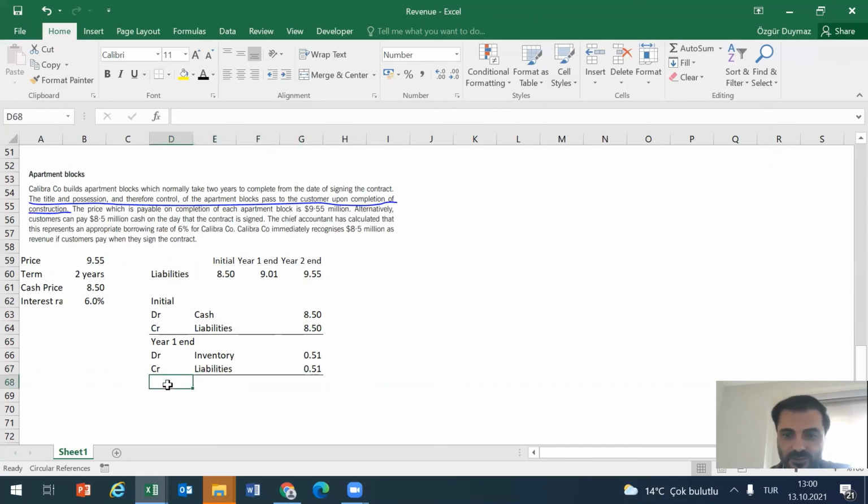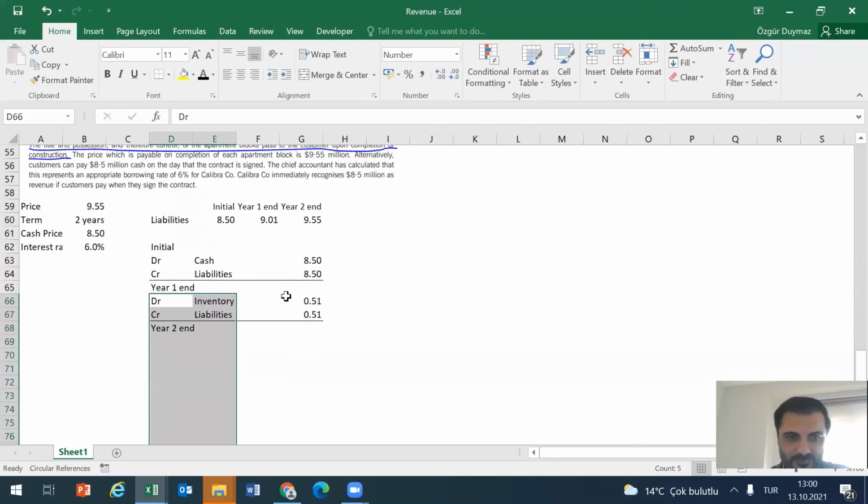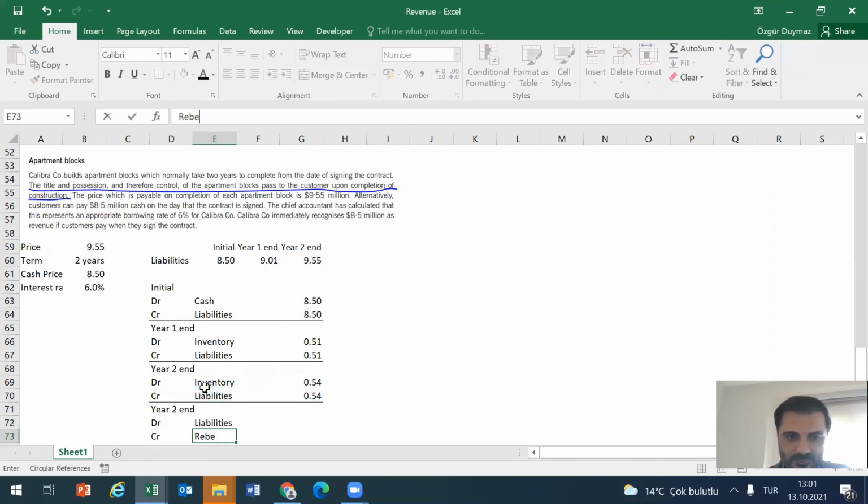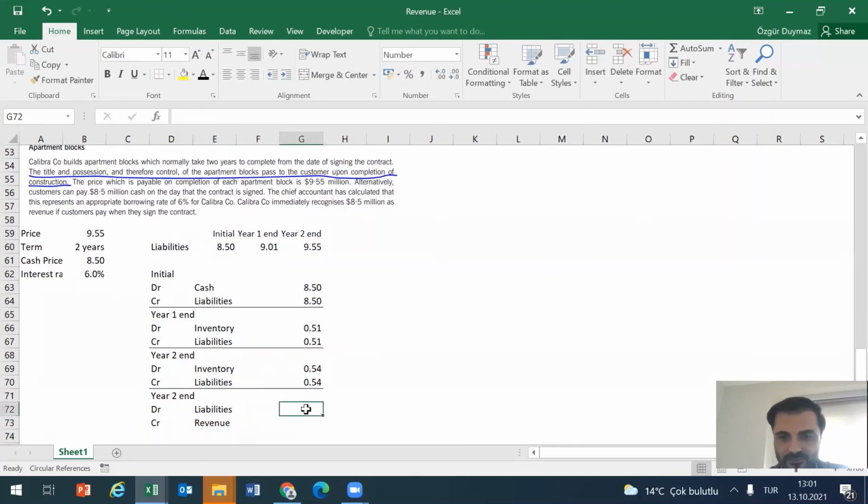And what about year 2? The same record. Yes, and once control is transferred to the customer, the liability will go to revenue. Credit revenue.